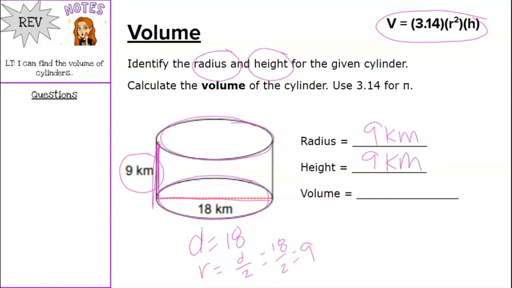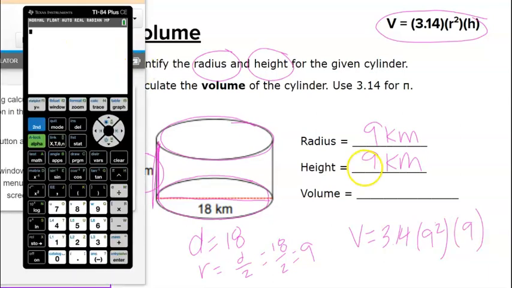So now for volume, we plug our variables in. We have volume equals 3.14 times r squared times height, so times 9 again. So again, we're going to open up our calculator and type that in.